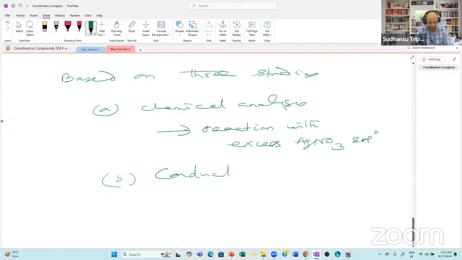Another is conductivity measurement, because the ions in the aqueous solution conduct electricity and we can find conductivity, molar conductivity, as you have studied in electrochemistry, conductivity of solutions. And the third is isomer analysis.